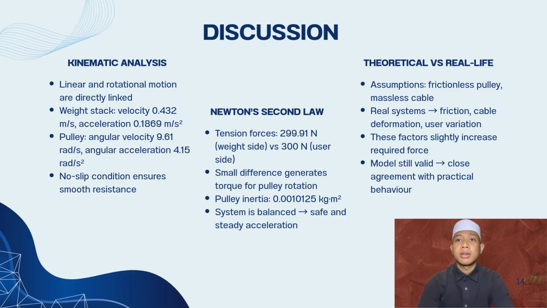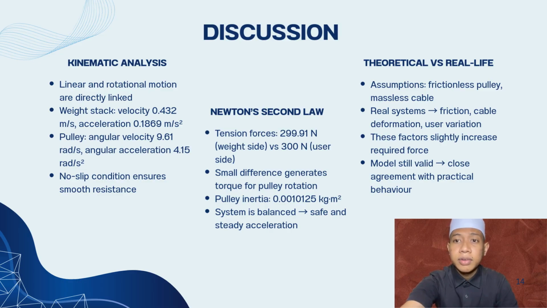Okay, for the first point about the discussion is kinematic analysis. The calculation clearly shows the strong relationship between translational and rotational motion in the pulley system. The weight starts to move upward with a velocity of 0.432 meter per second and acceleration of 0.1869 meter per second square, while the pulley rotates with angular velocity of 9.61 radian per second and angular acceleration of 4.15 radian per second square.